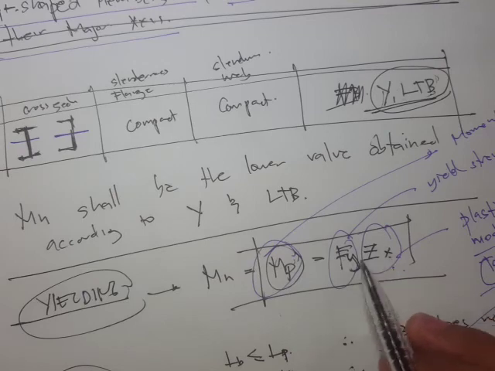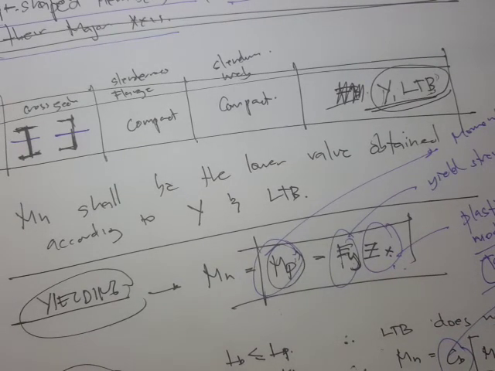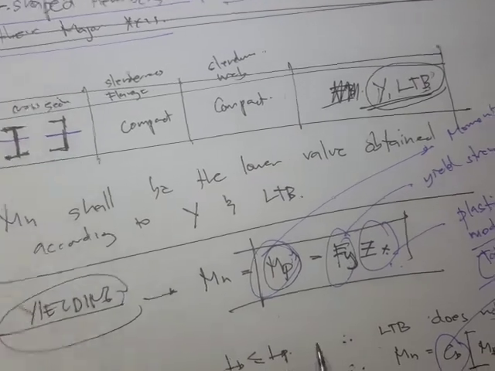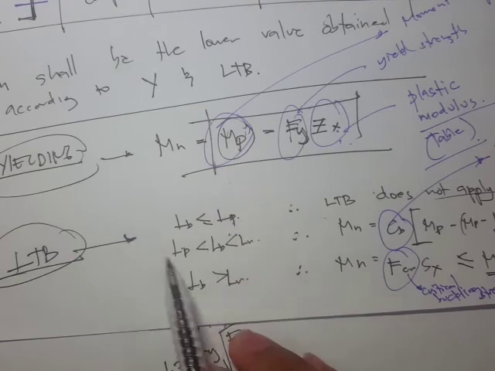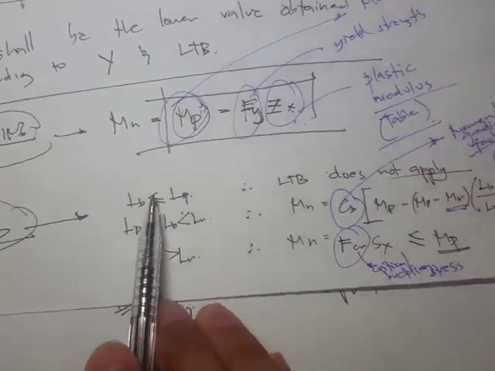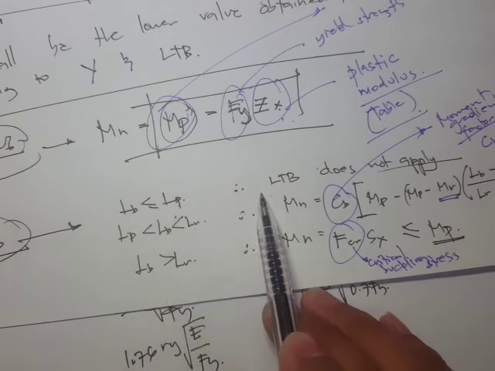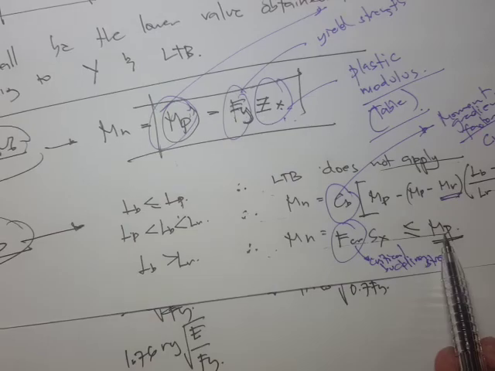It's just Fy times the section modulus. Okay, and the lateral torsional buckling depends upon the three conditions of your unbraced length. So whichever condition you are in, then you just have to check the equation for the nominal moment capacity.